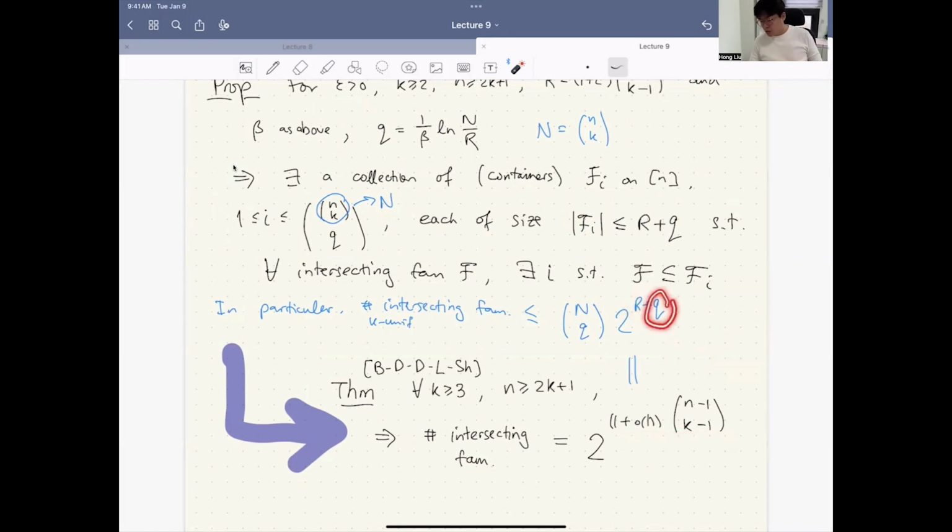And Q is a lower order term. So requiring n to be at least 2k plus 1 is so that this term becomes this error term here. When n equals 2k, this is not true anymore. This is not an error term. All right. Any question?